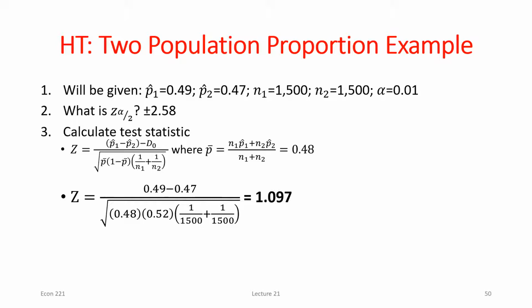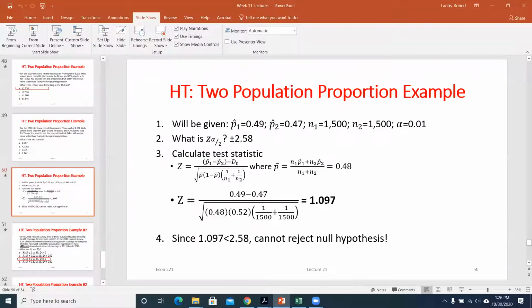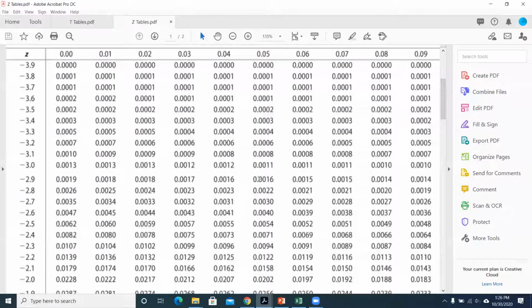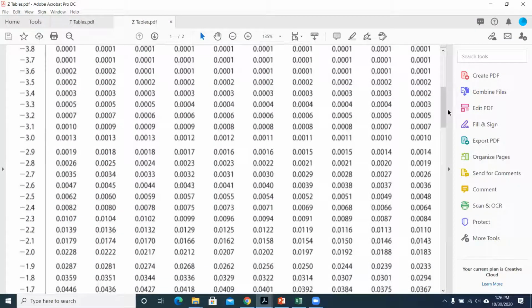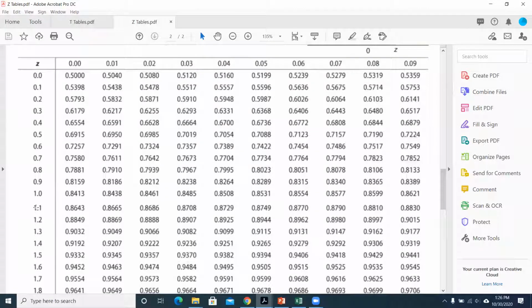So we now know what our test statistic is. If I wanted to find my p-value, where do I go? I go to my table. Now I have to go to 2 decimals here, so if I round this to the second decimal, it's 1.10. So I'll go to my standard normal distribution table. I'll go down to 1.10. The area to the left is 0.8643.